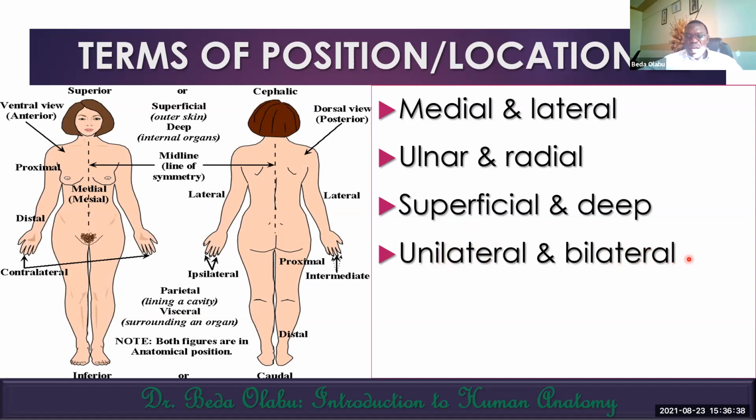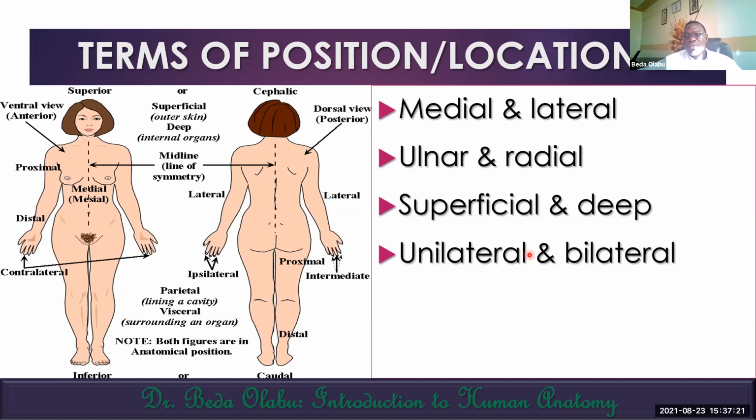I want us to describe other unique terms. You may not use them so commonly in the body per se, in terms of describing organs, but you'll use them more in a clinical setup when you're describing some pathologies and the side of the body that are affected. Unilateral means one side, which means that something may have happened or occurred only on one side.